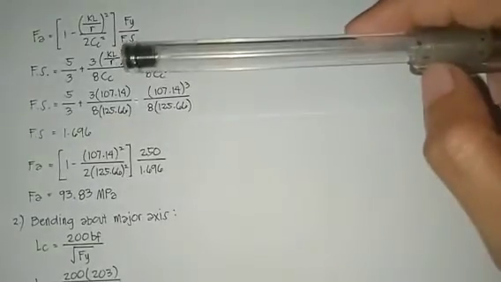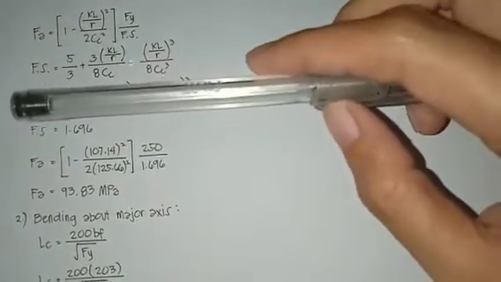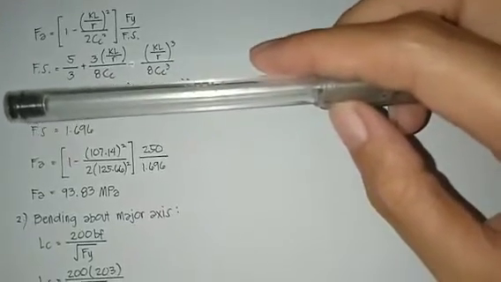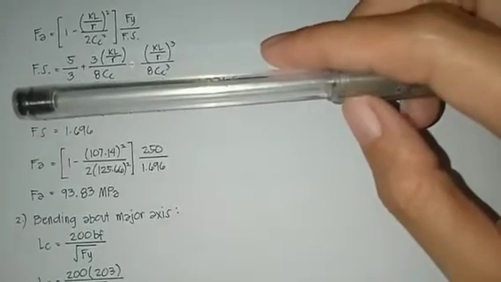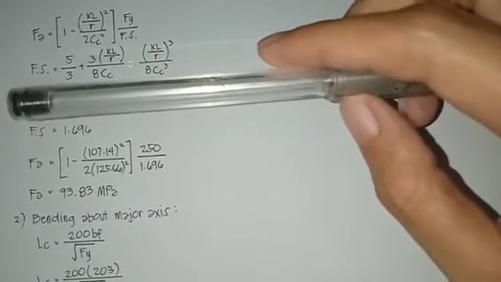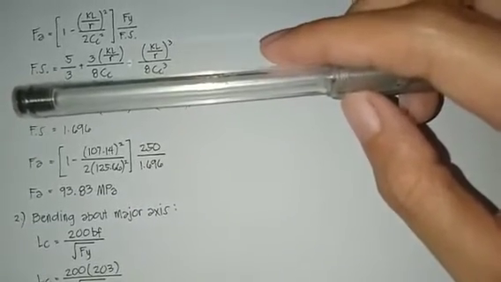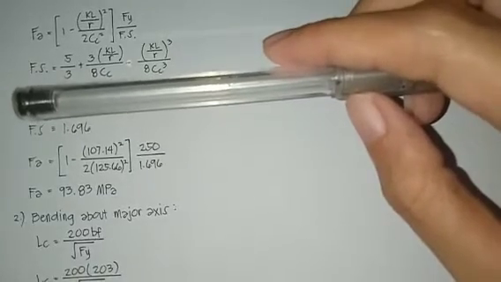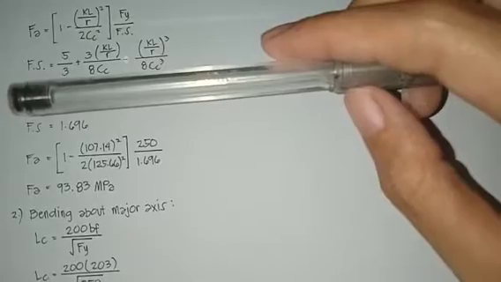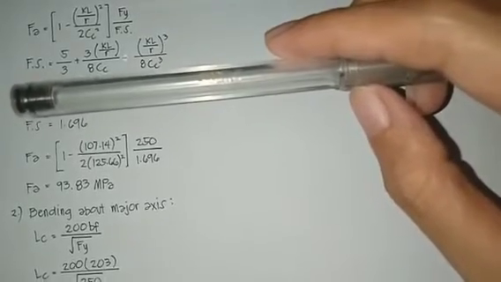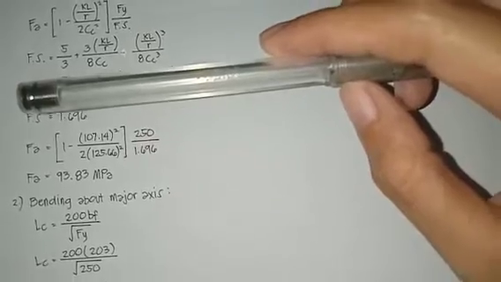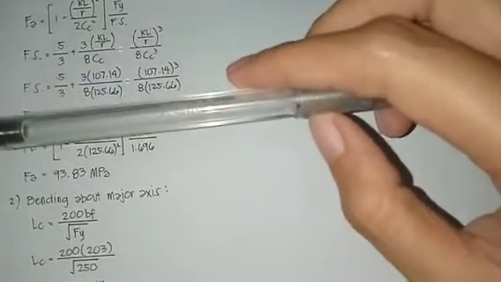Since wa pa man ang Fs, so ato siyang pangitaon. So mao na itong formula ini ko sa Fs. Fs is equal to 5 over 3 plus 3 times the quantity of KL over R over 8Cc minus KL over R cubed over 8Cc cubed. So i-substitute na ang variable.